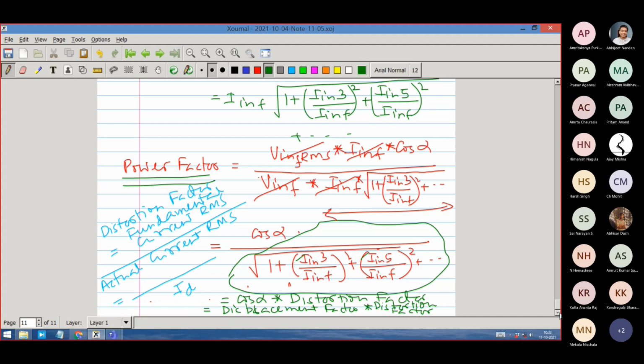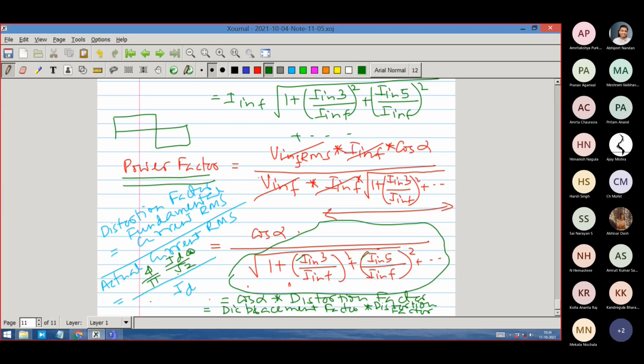And what is the fundamental current? From your second year knowledge, what is the fundamental current component of this current? 4 by pi. Okay. How much is that? ID by root 2.